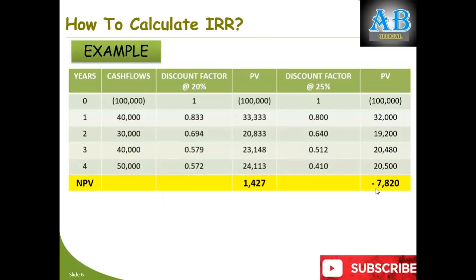Here it is negative 7820. Here it is positive 1420. So we require two NPVs. It's not necessary that one should be positive and one negative. One at a lower interest rate and one at a higher interest rate. We use these two NPVs.